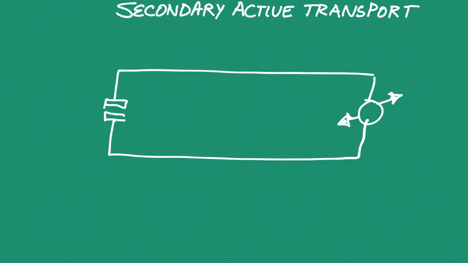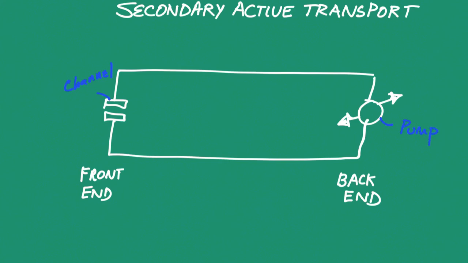And these two ends are quite different. So there's the front end. It appears to have a channel, and the back end has a protein pump. So there we have the channel in the front end, a protein channel, and the back end has a pump that is powered by ATP.